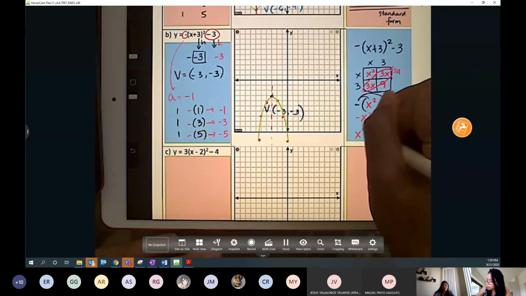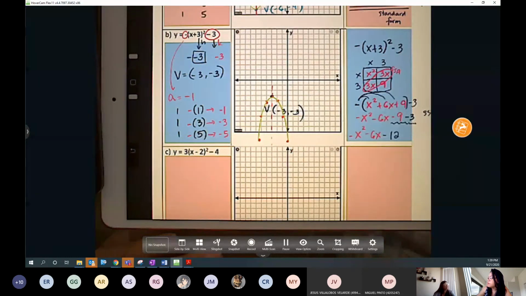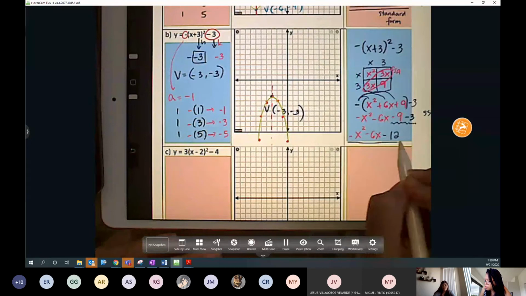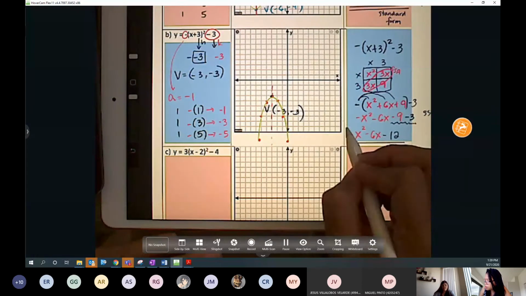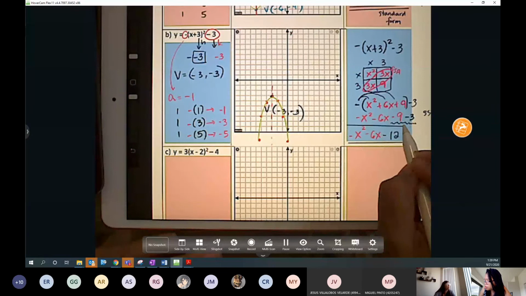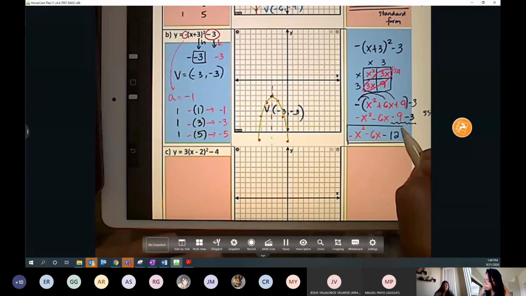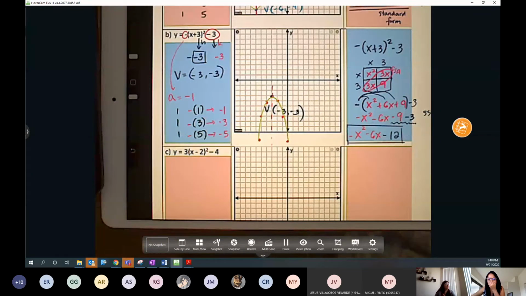And then get the rest of the equation. All right, so this should be my standard form.